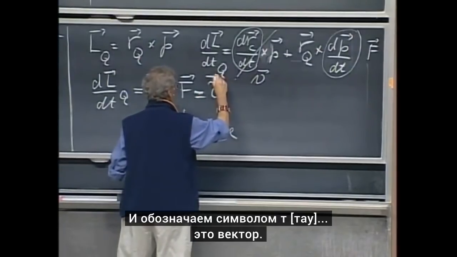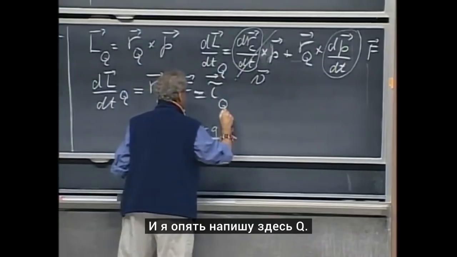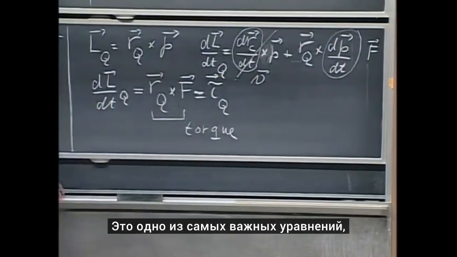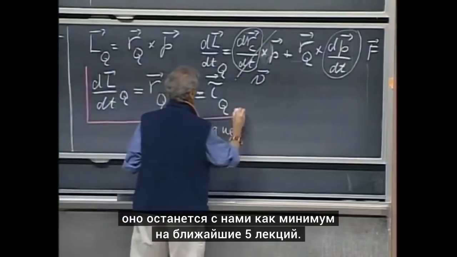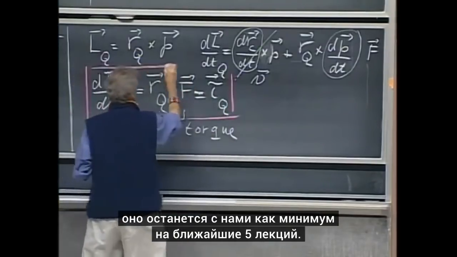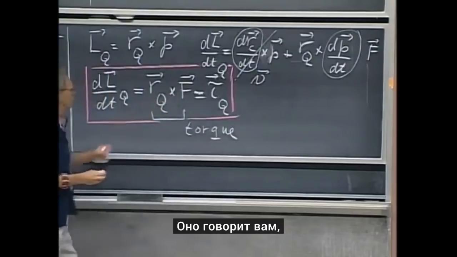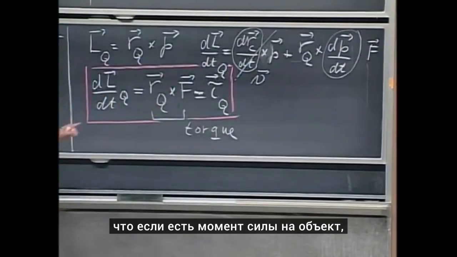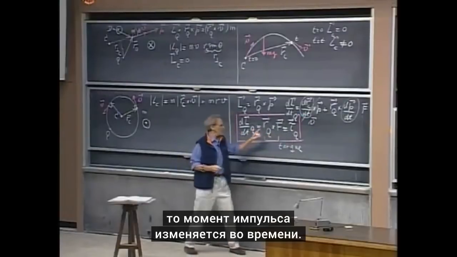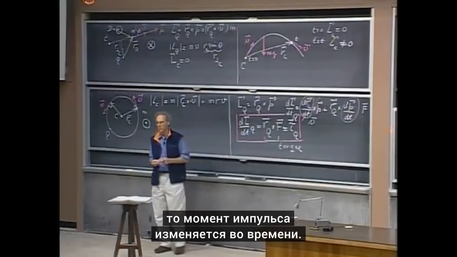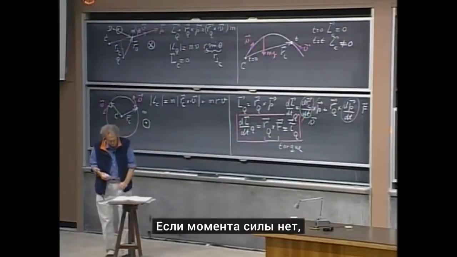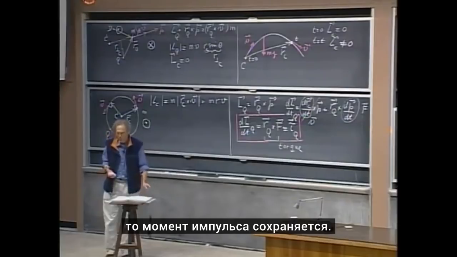It is a vector. And I put in that Q again. And this is one of the most important equations that will stay with us for at least 5 lectures. What this is telling you is that if there is a torque on an object, the angular momentum must be changing in time. If there is no torque on the object, angular momentum will be conserved.